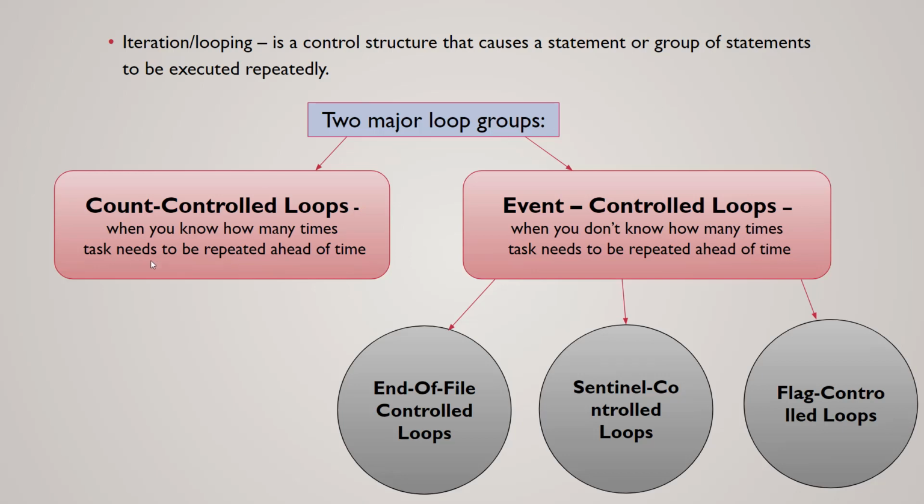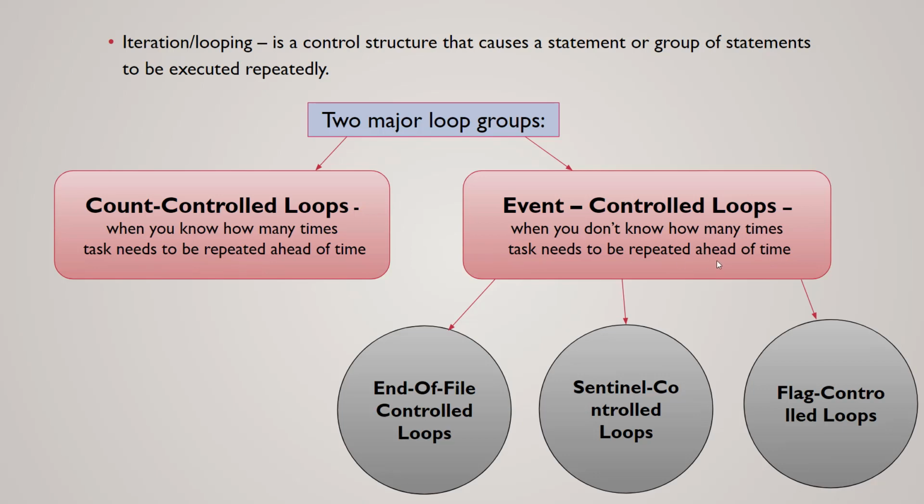Count controlled is when we know how many times we want to do something. Like, let's say we wanted to print hello world to the screen 5 times. A count controlled loop would be perfect for that because we can just say, for the next 5 times that this loop executes, do this.